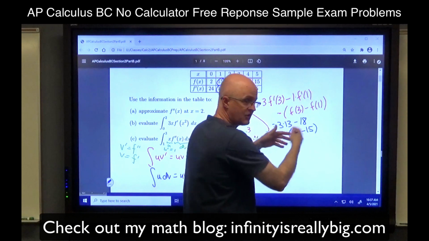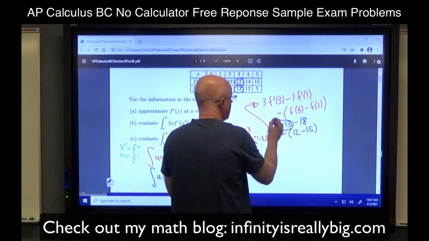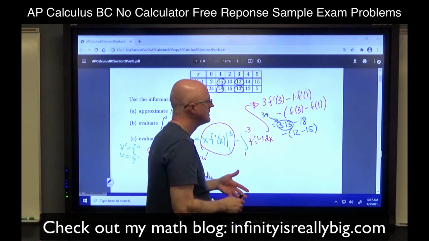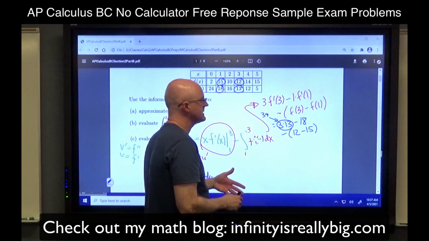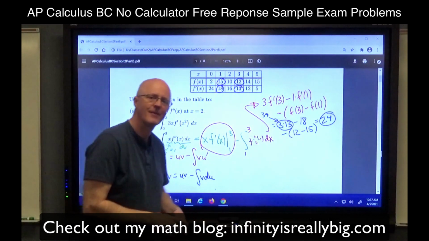So really subtracting negative 3, which really means we're adding 3. This is 39 there. 39 minus 18 is 21. 21 plus 3 is 24. The answer is 24. Okay?